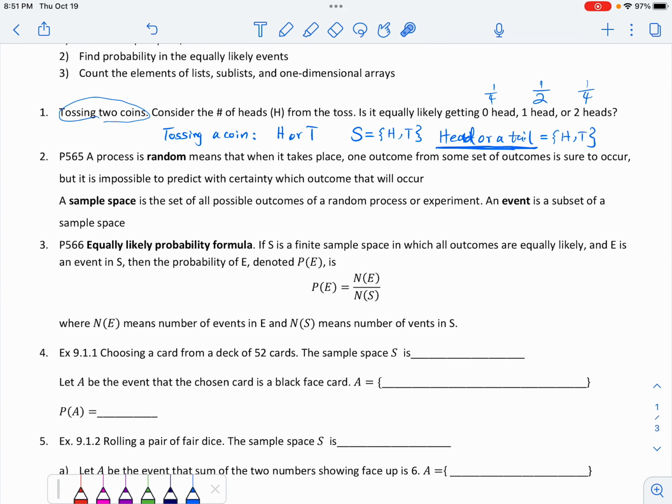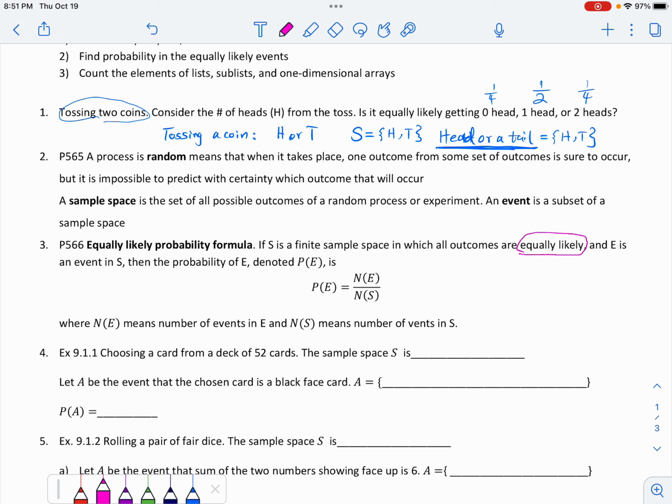Now, this is the first rule, very intuitive. The process of deriving this is skipped, so we'll take it as a fact, as a principle. Equally likely probability formula. So here it says if S is a finite sample space in which all outcomes are equally likely, so this is a keyword.